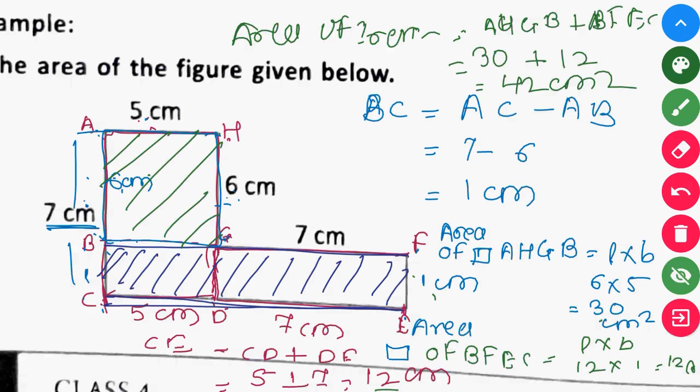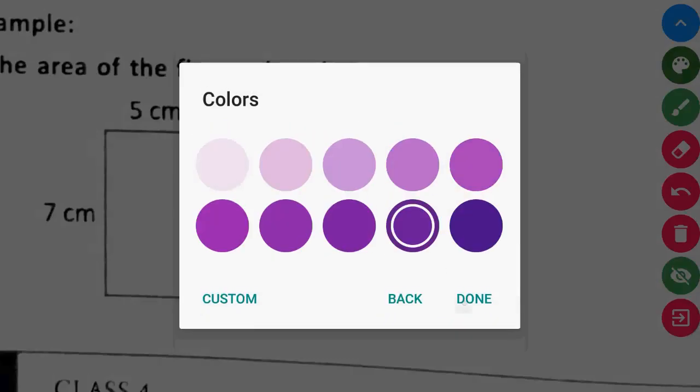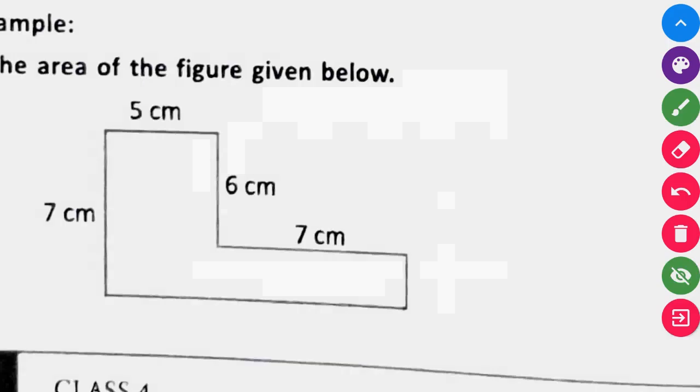Understood up to this? Now every irregular shape we have to calculate its area like this only. We have to divide that figure into shapes we know, whether square, rectangle or triangle. Because their area formulas we know, we divide the figure into proper shapes and then we calculate the area. So today we saw area of triangle, area of rectangle and area of square.